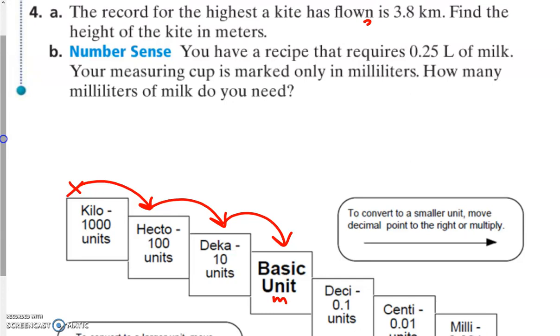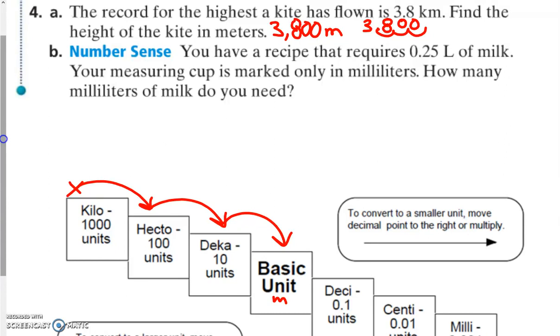So grab the decimal in 3.8. 1, 2, 3 spaces to the right. I maybe said left earlier. 3 jumps to the right to get to meters. So I moved it 3 times. Fill in the 2 open spaces. 3.8 kilometers is 3,800 meters.